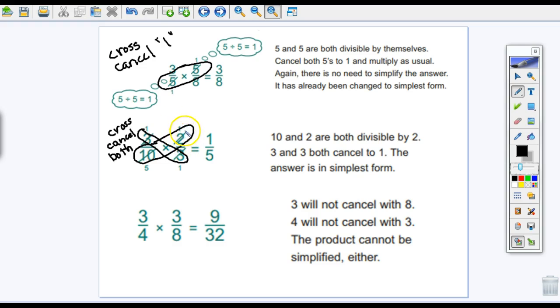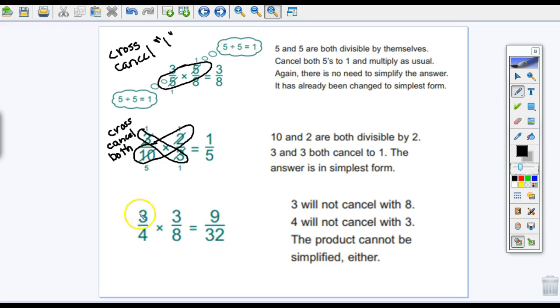So 2 divided by 2 is 1, 10 divided by 2 is 5. So my new problem says 1 times 1, which is 1, and then in the denominator 5 times 1, which is 5. So you can cross cancel one pair, you can cross cancel both.